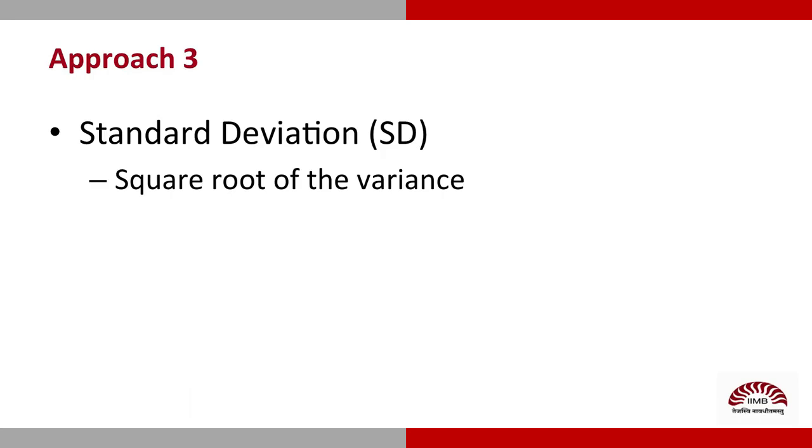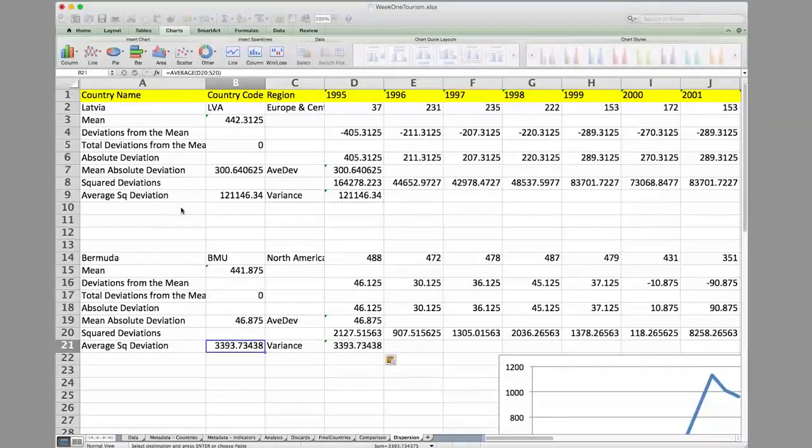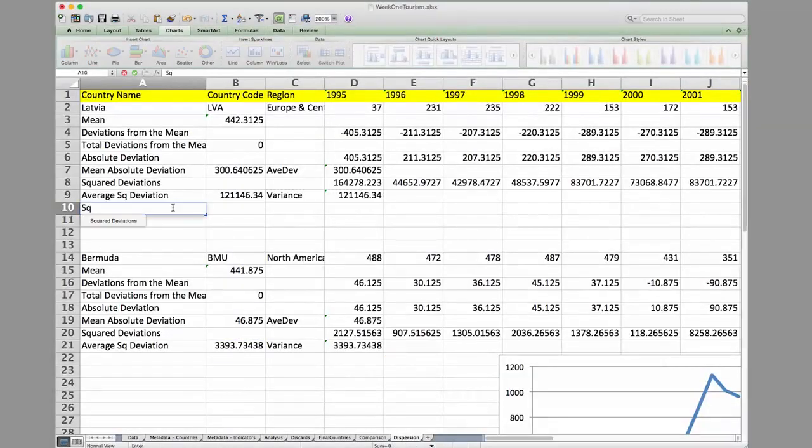Yes, Lisa, there is one last measure of variation in a numerical data set, and that is standard deviation. It's simply the square root of the variance. That's what it is? Yep, that's simple. So I have the square roots of the variance over here.